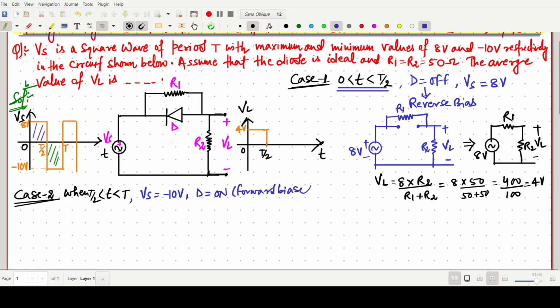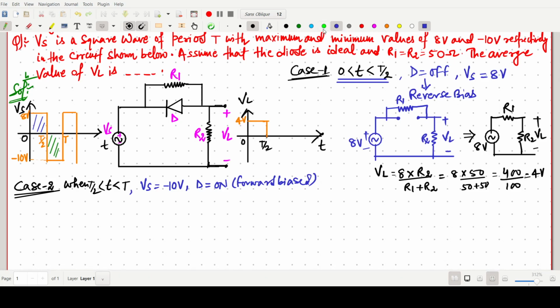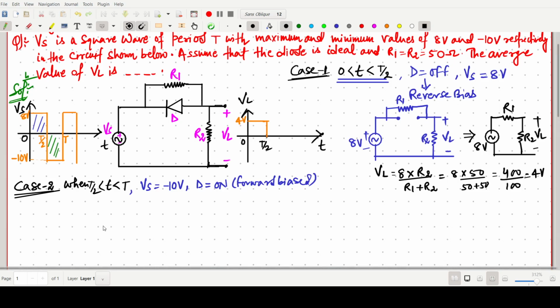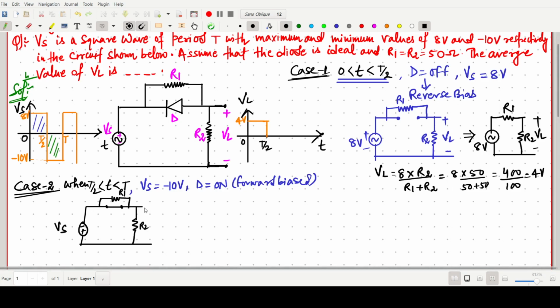Now we can modify the circuit. We make this minus plus and simply write Vs. The diode is forward biased, so it should be short circuited, and the resistances R1 and R2 are there, and this value will be plus or minus VL.